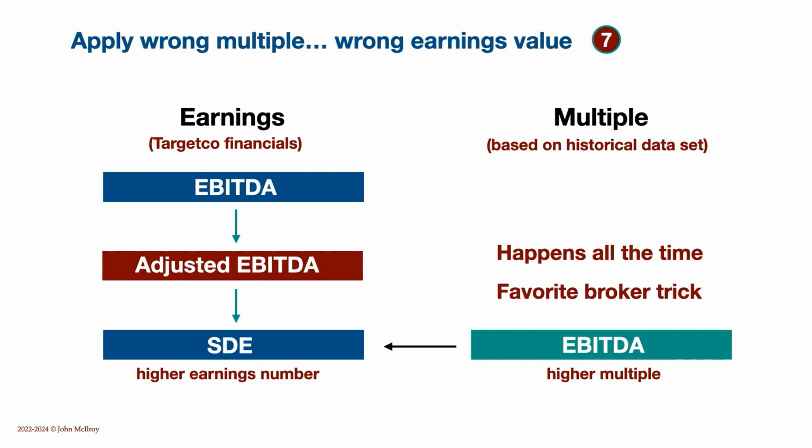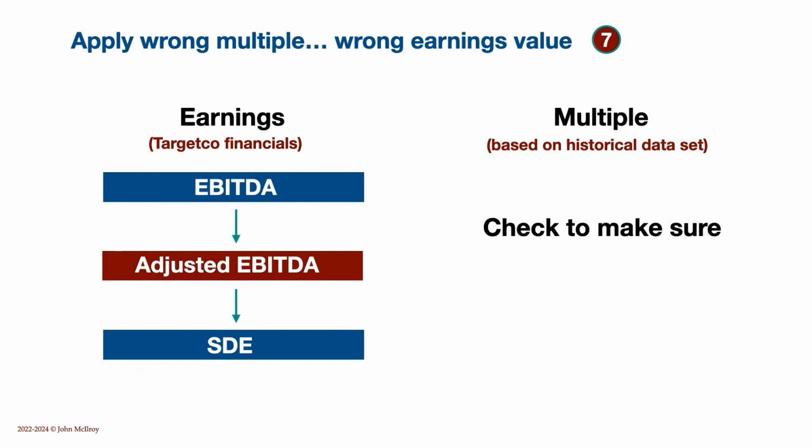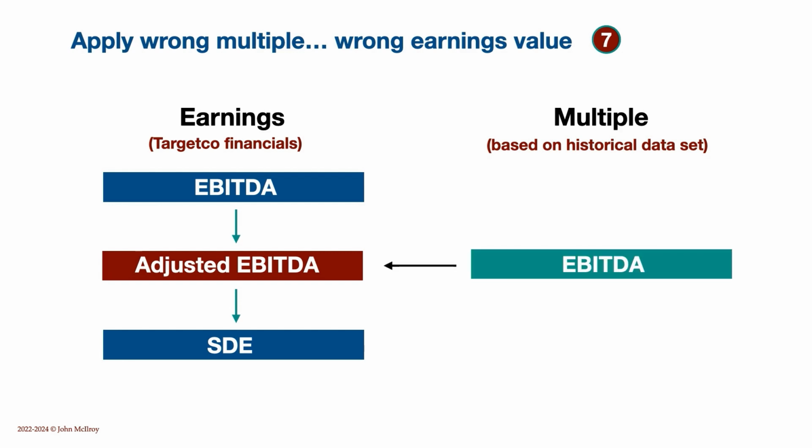They love the idea of giving you an SDE number from the target co based on their financials and then applying an EBITDA multiple to that SDE earnings number, right? That mixing and matching. Like I said, it's a great way to overvalue the business. So just check to make sure that if you have an EBITDA multiple, you're using it on adjusted EBITDA. If you're using an SDE multiple, use it on SDE earnings. That way we keep everything nice and neat. If you do that, you should be in good shape.